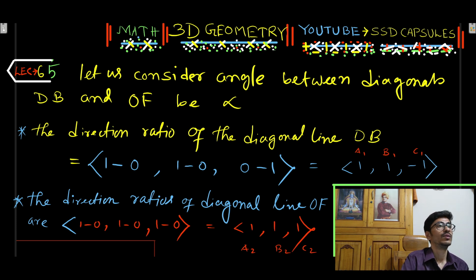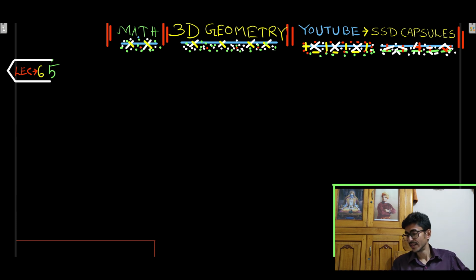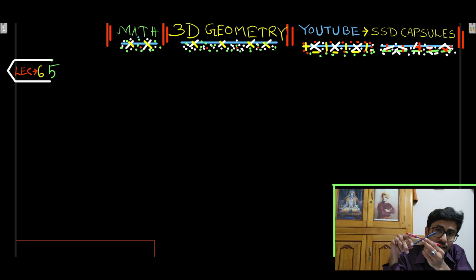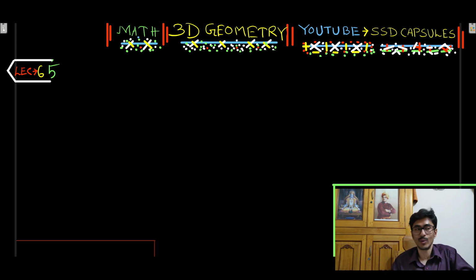Now we know that if two straight lines exist in three-dimensional space and their direction ratios or direction cosines are given, here direction ratios are given, and if alpha is the angle between these two straight lines, then cos alpha equals, what is the formula?